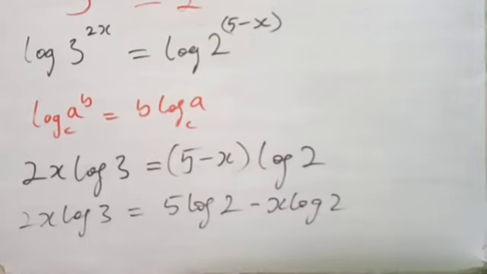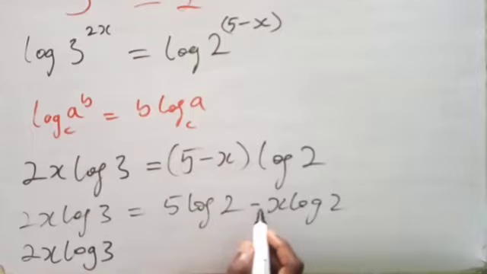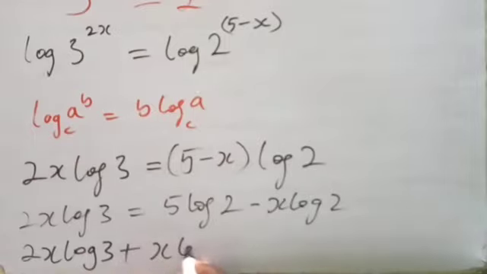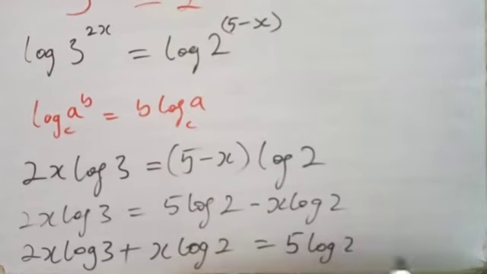This will now come to the left hand side. So we will have 2x log 3, this is minus, it will become plus x log 2 equals 5 log 2. Now the next thing is to factorize out this x.